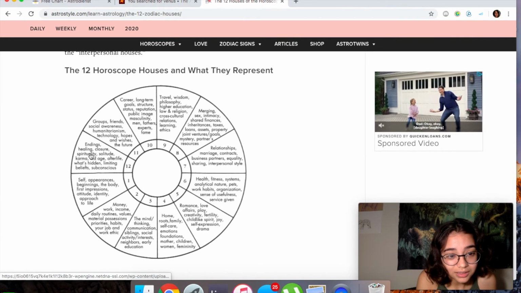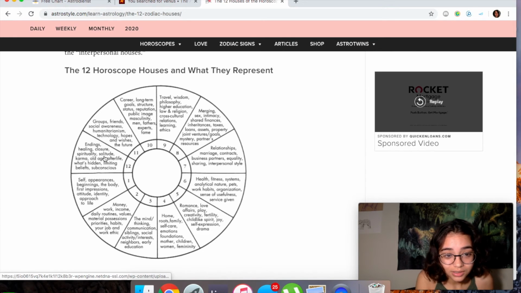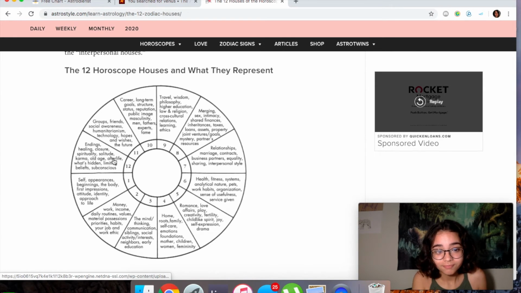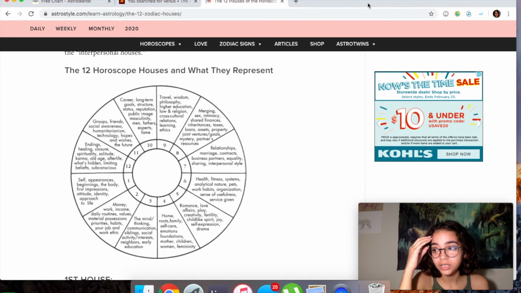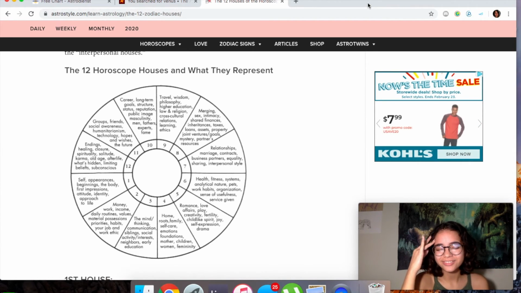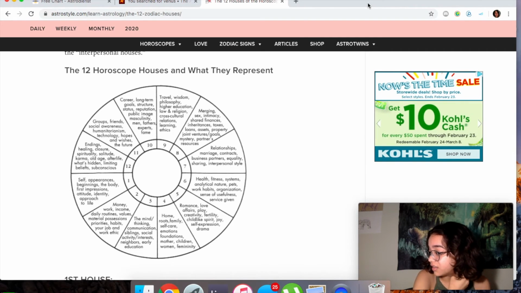See, it says healing, closure, spirituality, solitude. A lot of Pisces are very imaginative and very, very creative. They're constantly just flowing with life, and it's just so beautiful to watch, honestly.